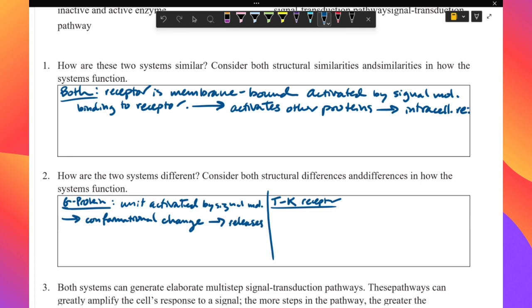It converts an associated GDP to GTP and releases it. And then the activated G protein moves along the membrane and activates a specific membrane-bound enzyme, which produces the cellular response.